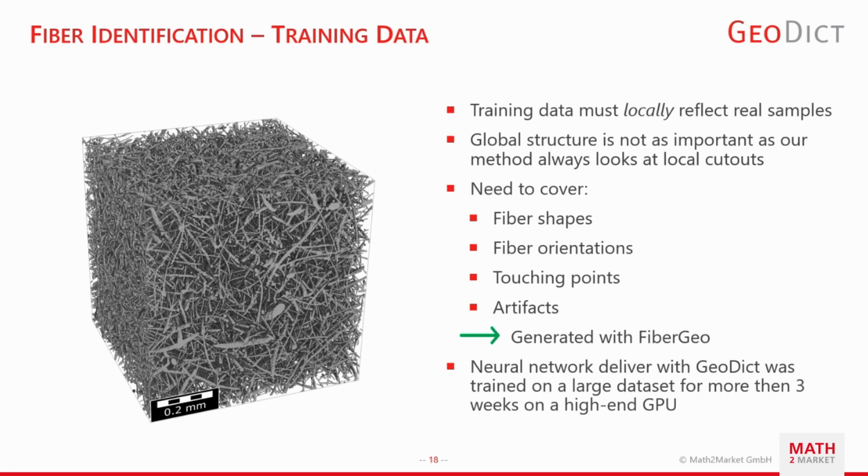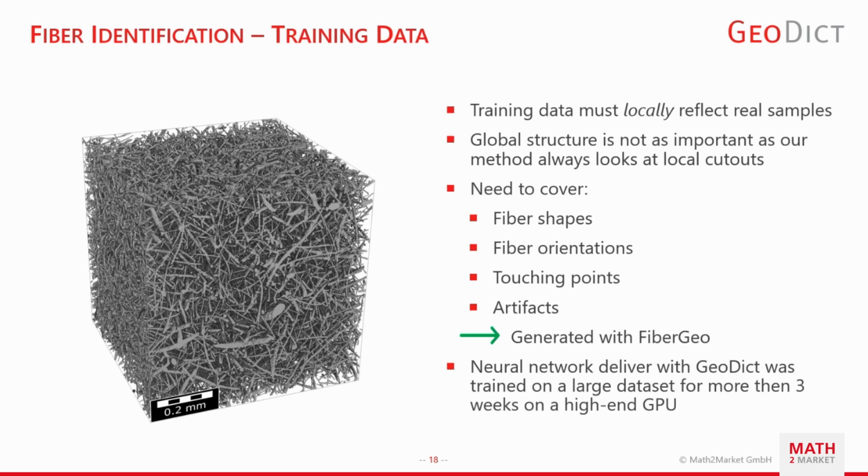And because the method in FiberFind works based on patches, so we always feed a 3D patch of the structure into the neural network, our training data needs only to be similar locally compared to the real data you will later apply it on.